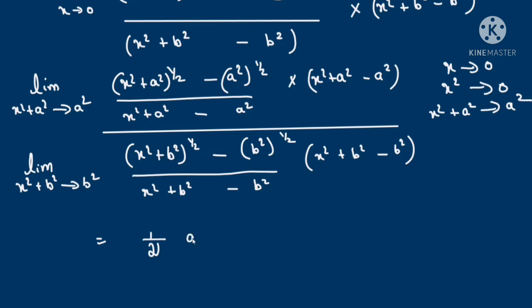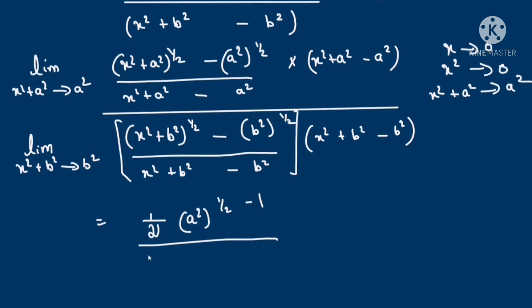So a square, the whole power, half minus 1. The same way the denominator, if you apply the limit formula, n is half, b square, the whole power, half minus 1.